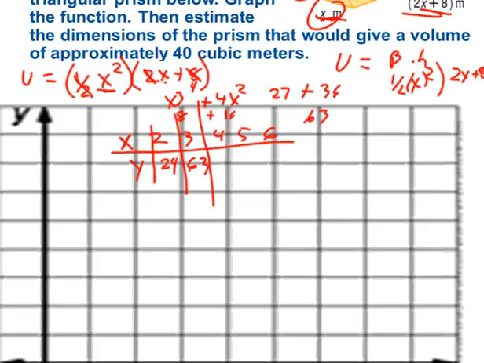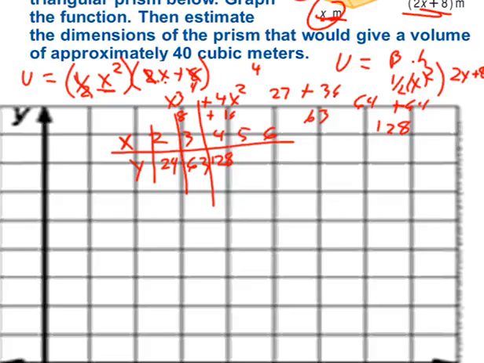If I try 4, 4 cubed, 4 times 4 is 16, times 4 would be 64. So it would be 64 plus 4 squared, which is 16, times 4, which would also be 64, and that'd be 128. So we go way off the charts here, 128.